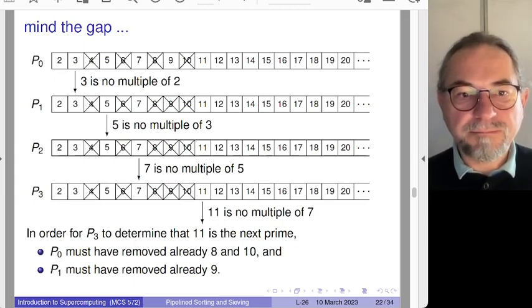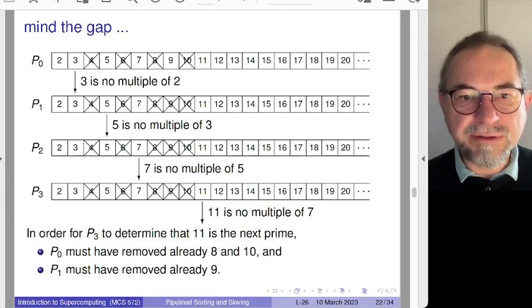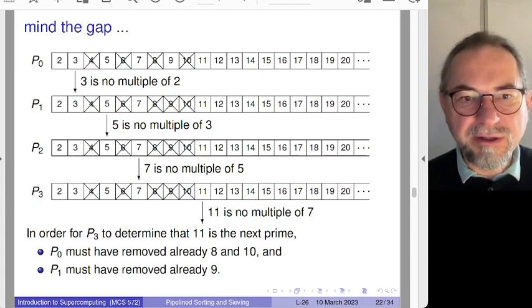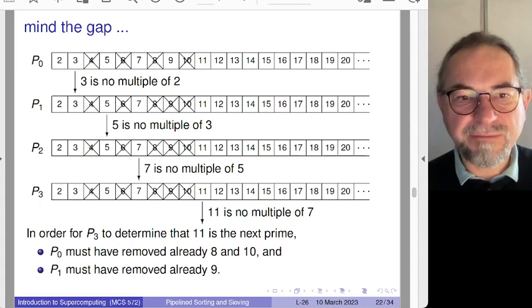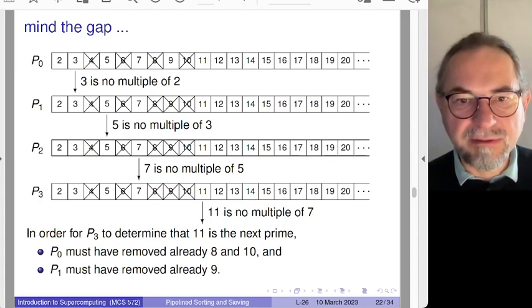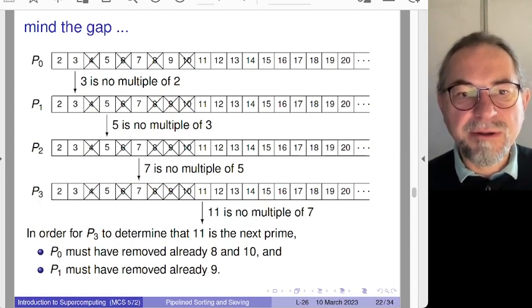Okay, for the correctness, to determine, so there is a gap here. In order for the processor to determine that 11 is the next prime, P0 must have already removed also 8 and 10.